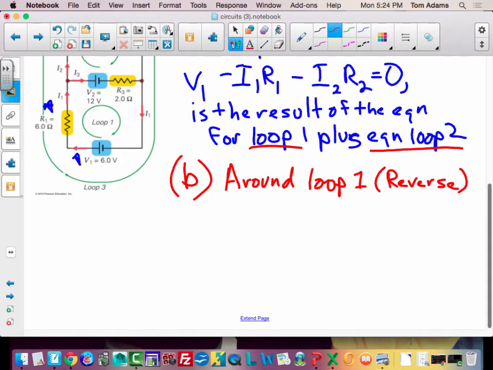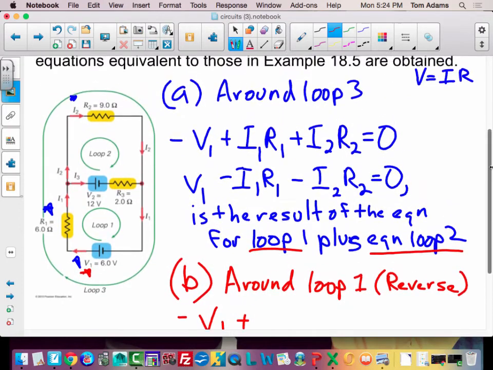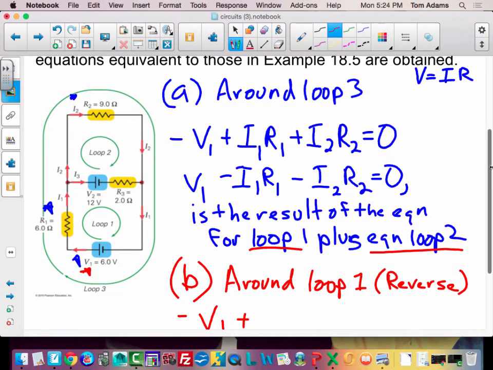So very similarly to part A, for part B we're going to start here. All right, so I get negative V1 plus, and let me slide back up here. So we're going to go backwards.